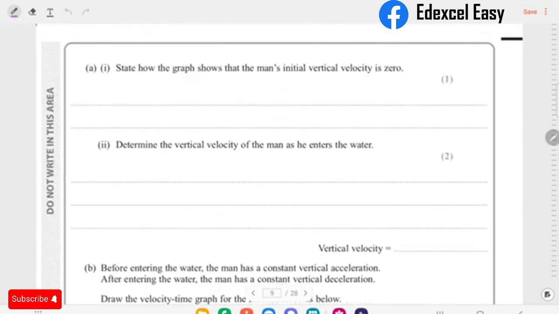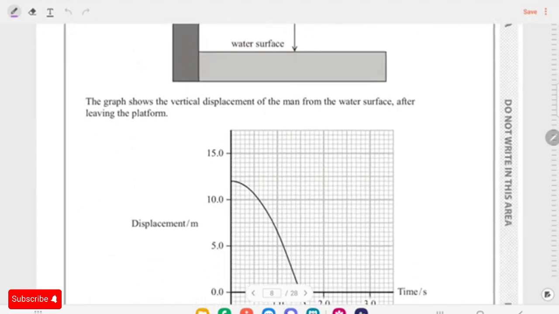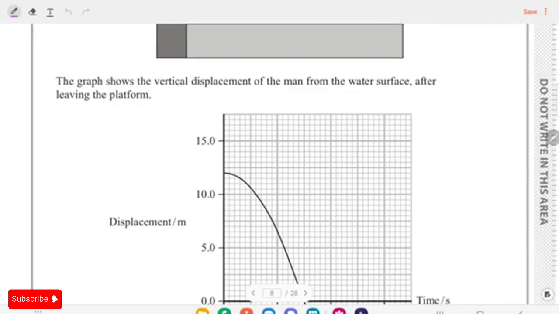State how the graph shows the man's initial vertical velocity is 0. Initially, if you draw a gradient at this point, that will be an entirely horizontal line. On a graph, the gradient of a horizontal line is always 0. For a displacement-time graph, the gradient is velocity.